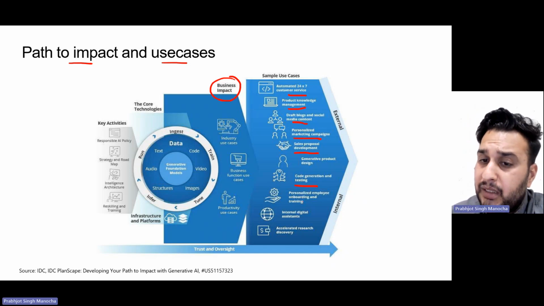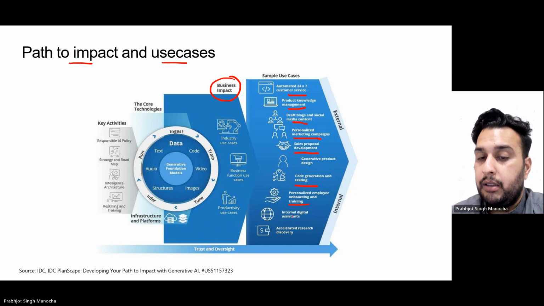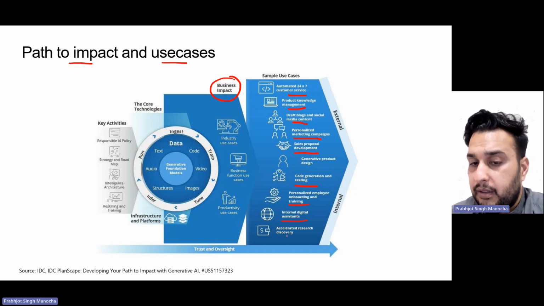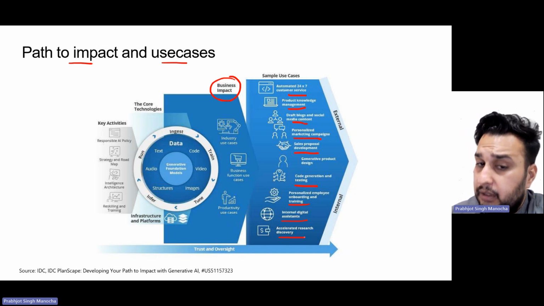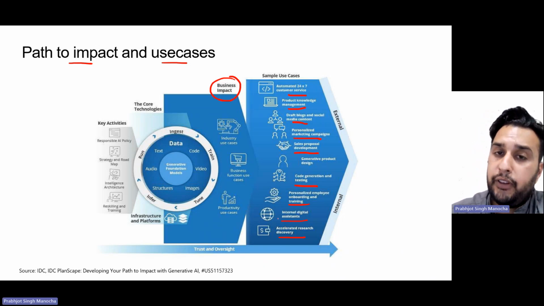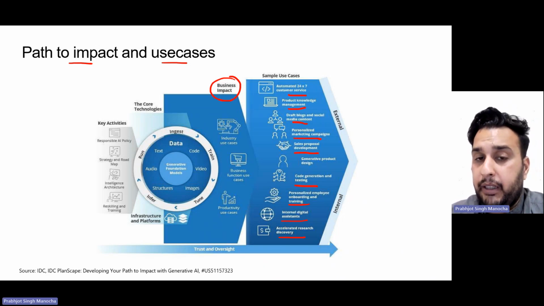It can help in personalized employee onboarding and training. It also helps in internal digital assistance and accelerated research discovery. So this is the path of the different use cases where it is impacting the whole industry, the business, productivity use cases, right?